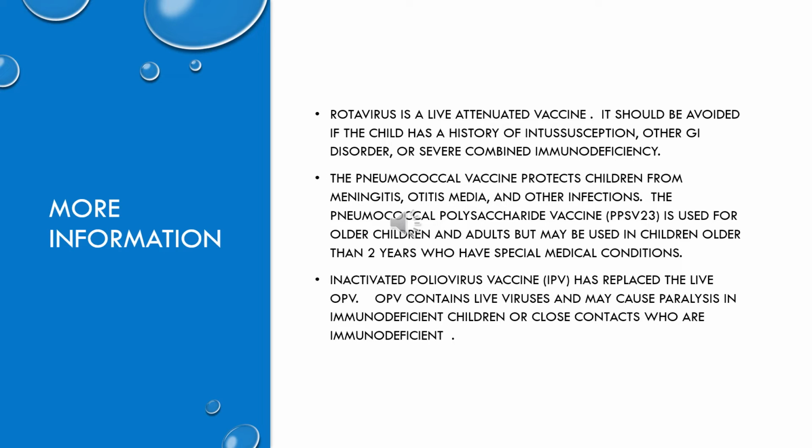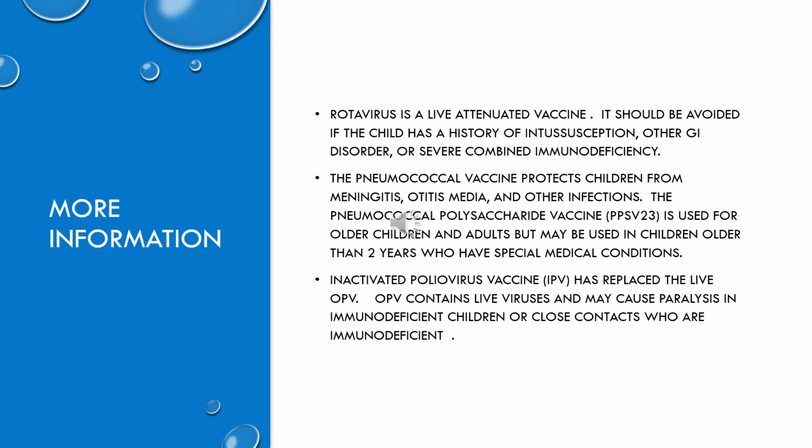Honestly, rotavirus is something that most kids used to get before they were 1. It does affect the GI tract, but now we do, like I say, have a vaccine for it. So that's a good thing, because you'll learn when we get to dehydration and hydration, children under the age of 1 in particular can dehydrate very, very quickly. So this was a good vaccine they came up with.